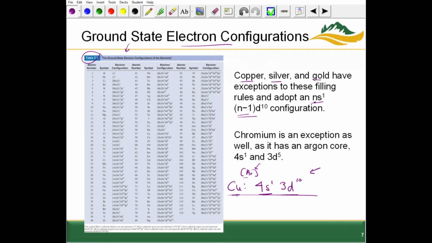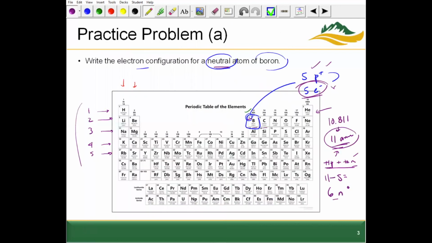So instead of listing all the subshells that come before 4s1 and 3d10, we just denote it with this argon, this noble gas here, because when we show argon here and then copper here, when we put argon like that in brackets, that is saying the electron configuration for argon, then everything else listed right here for copper. So instead of listing all the electrons leading up to argon, we can just say argon, the noble gas.